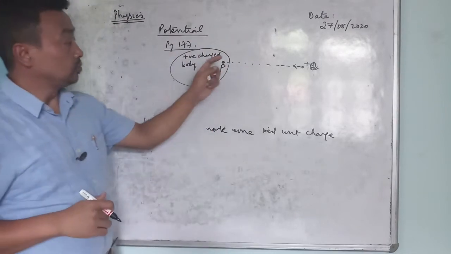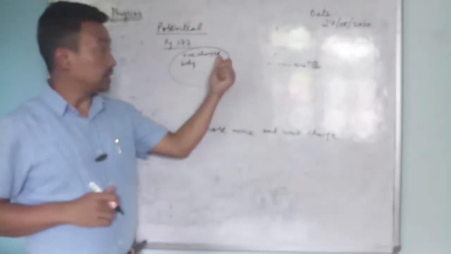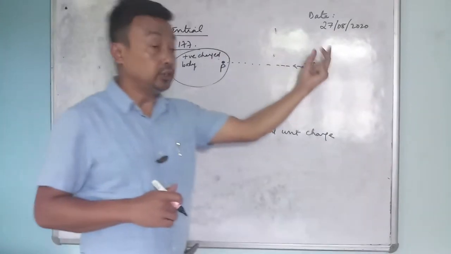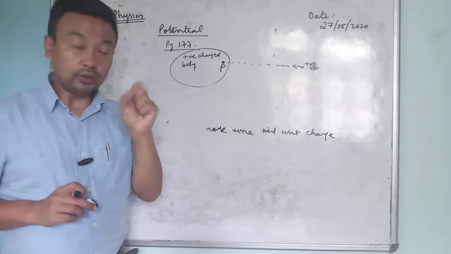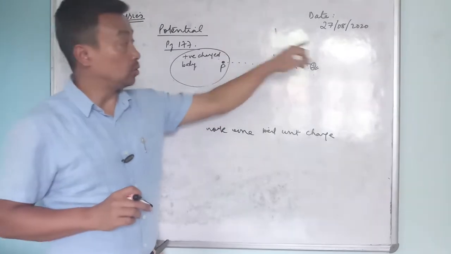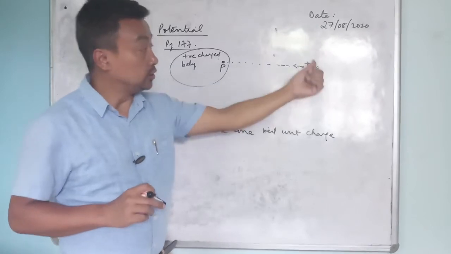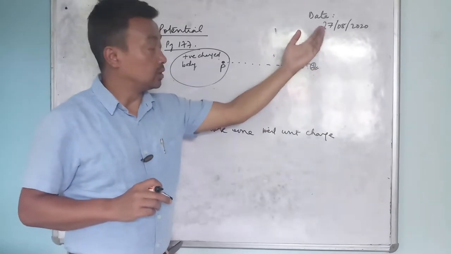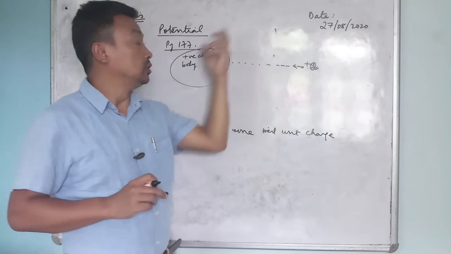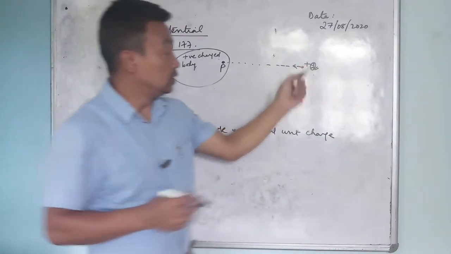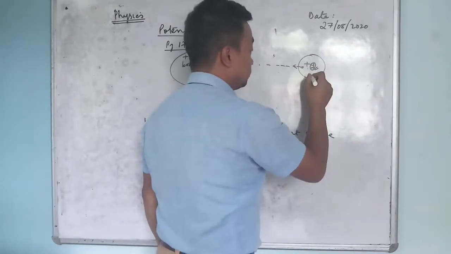In this region, you take one point, and at this point you are bringing a charge from infinity. So in doing so, you are doing the work. The work is being done. So that work done per unit charge will be defined as the potential. Now we have taken this as a test charge.